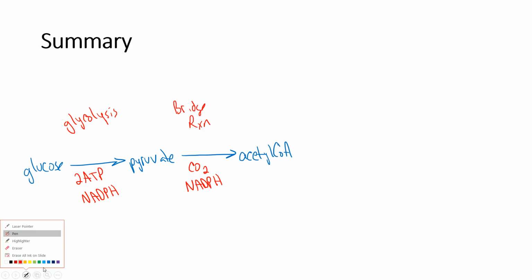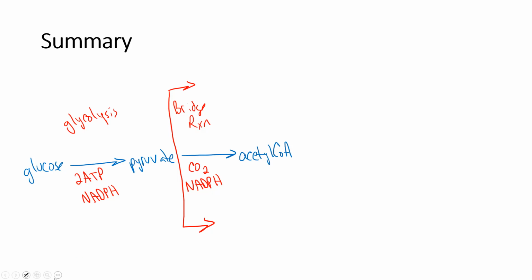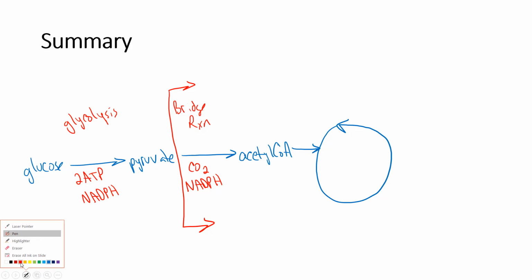And by the way, starting from here over, we're now inside the mitochondria, and acetyl-CoA is going to go into the citric acid cycle. I'll change my color here to try to stay consistent.